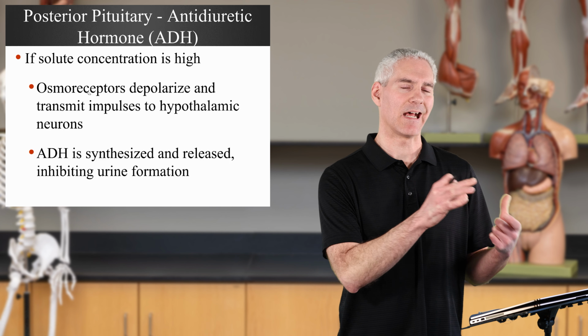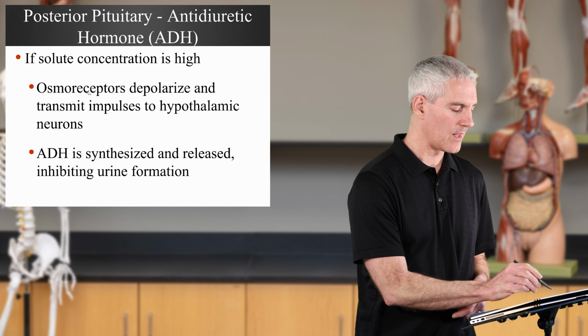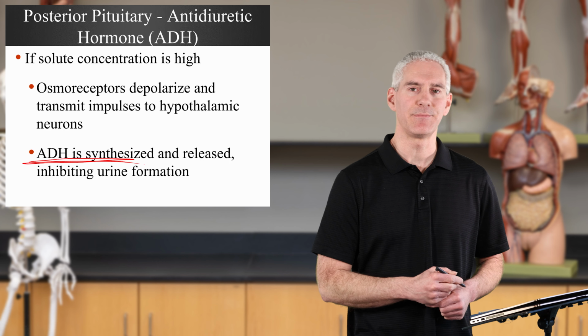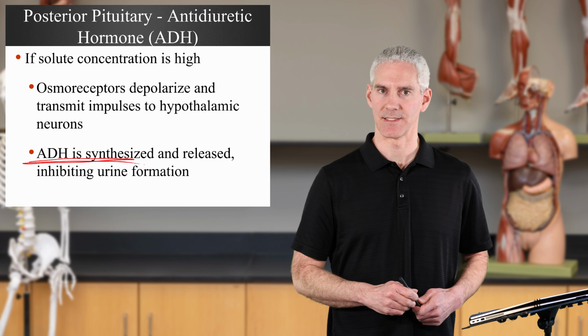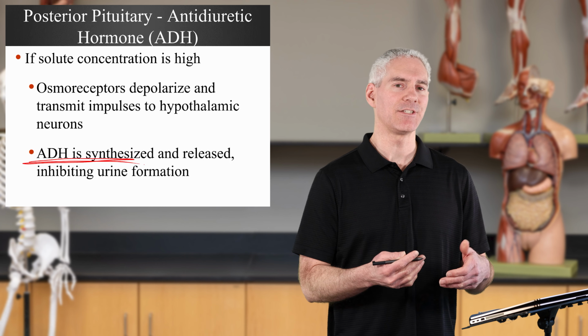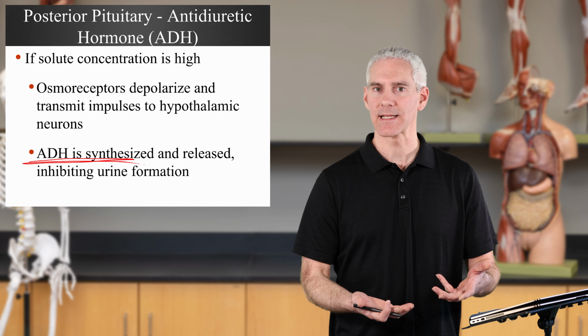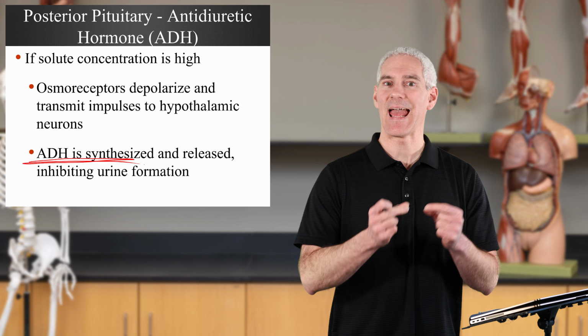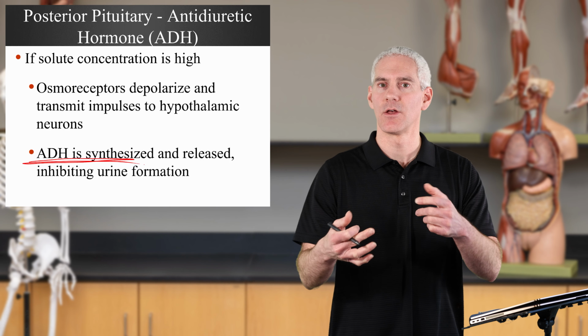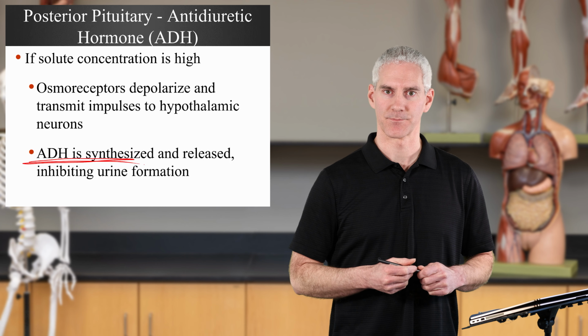They will then tell those hypothalamic neurons that ADH needs to be synthesized and released. Because ADH is antidiuretic hormone. Remember, diuretic, fluid leaves. Antidiuretic, you're trying to conserve fluid.